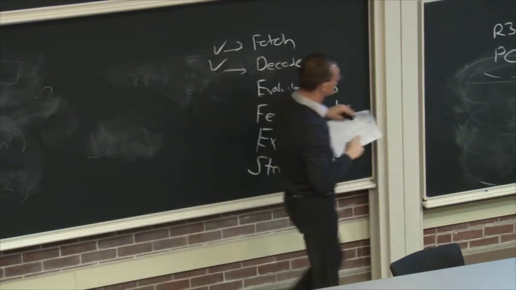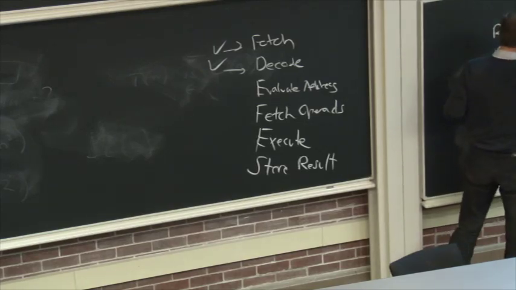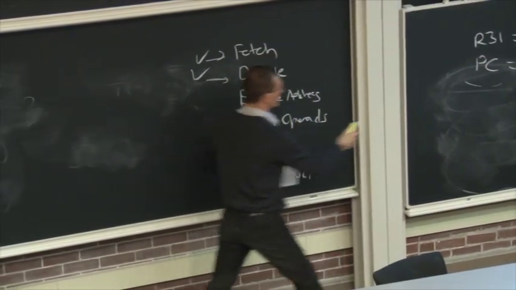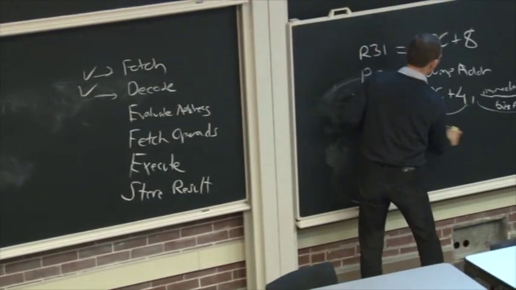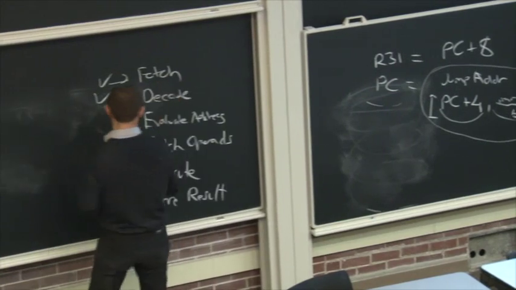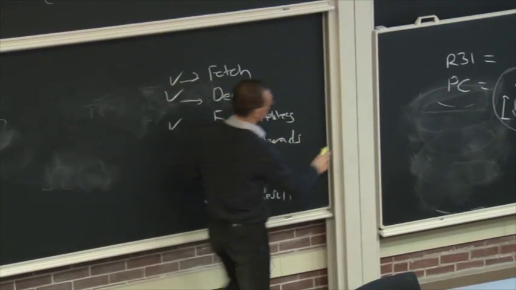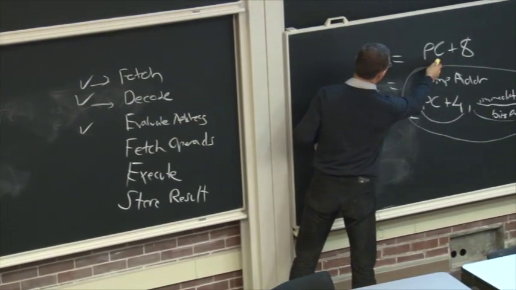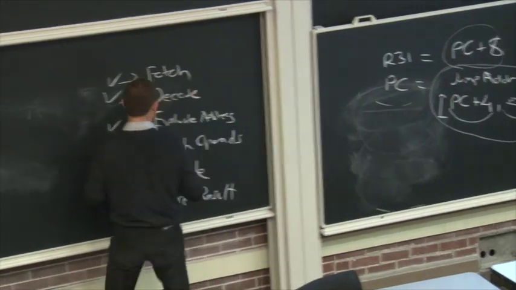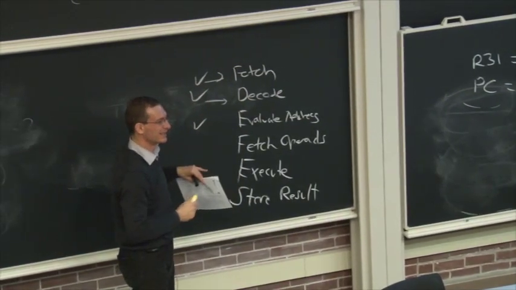Evaluate address. Well, it looks like we're evaluating the address of this instruction, right? You can think of this as evaluation of the address. Or this could also be, well, that's not exact. That's also an address that you're storing. So this is where things become a little bit fuzzy. Yes?